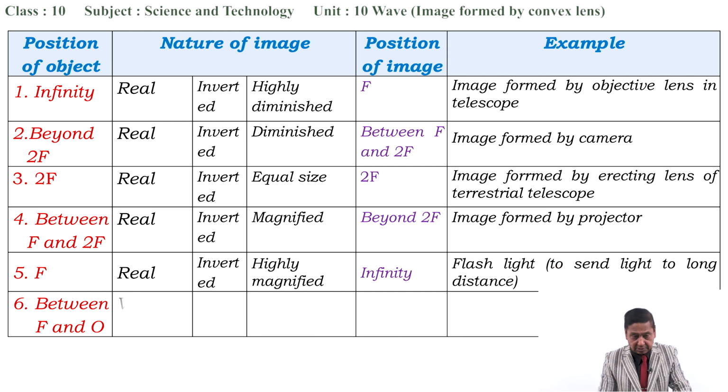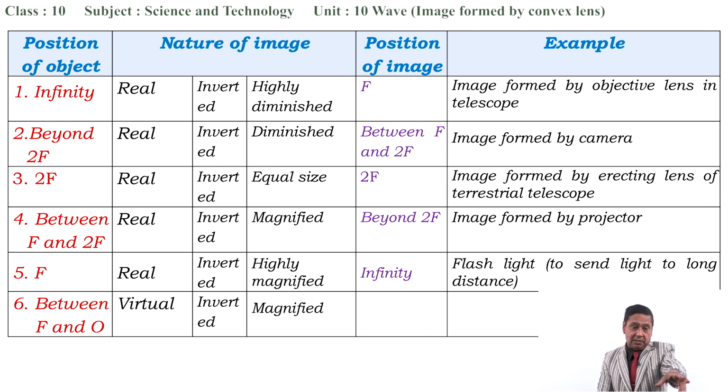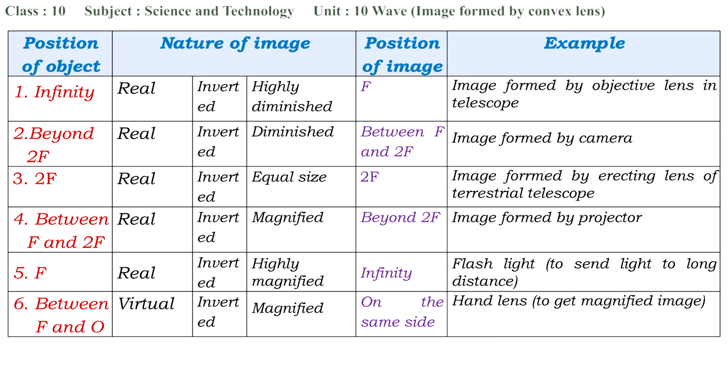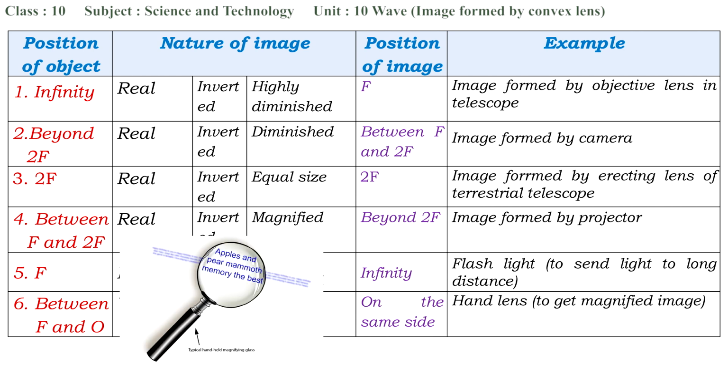Okay. Now the sixth condition: a virtual image forms, an erect image forms, and it is magnified. This is different from the others, and on the same side of the object, a hand lens is the best example. To get a magnified image, we use this hand lens. Small letters can be seen clearly by using a hand lens.